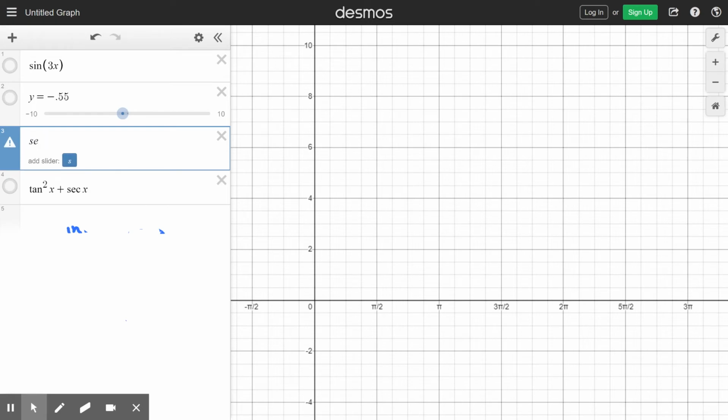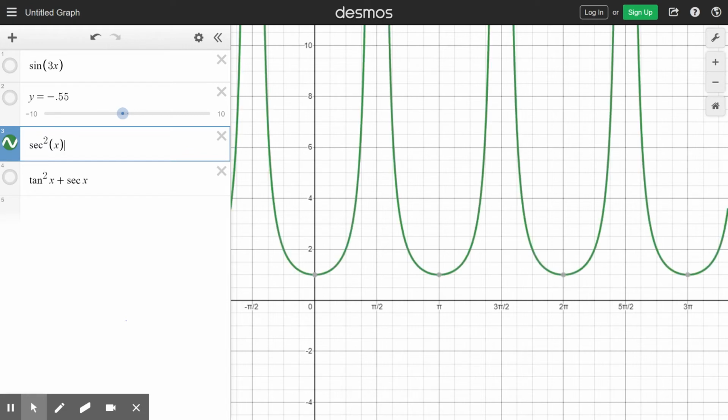Then you're going to hit Shift 6 to get to the power square. Then you're going to hit the right arrow, get back down to the line, and X. And then there's your graph secant. Okay, and then you're going to do the same thing with the tangent. Okay, so let's turn these graphs back on.